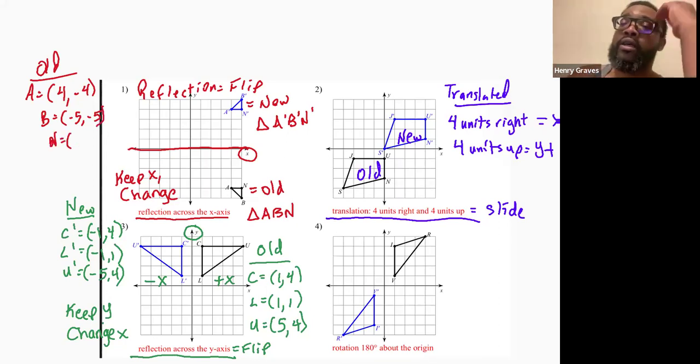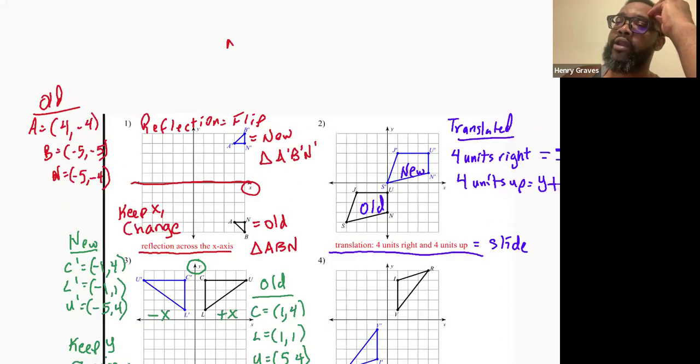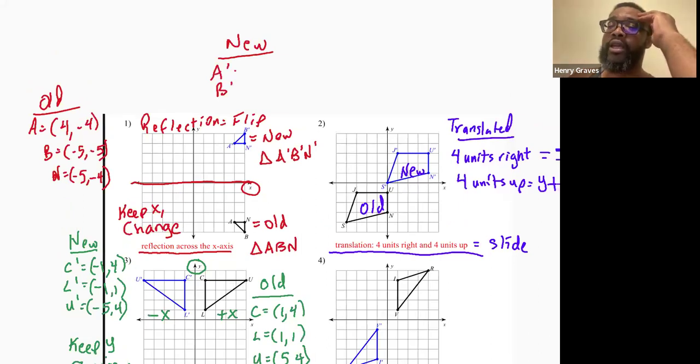Oh, and then when I change it, remember, I'm going to have my new set of points up here. New A. Remember, every time I have a new number, I put a little apostrophe there. So I'm going to keep x, but I'm going to change the sign of the y number. So I'm going to have 4, 4.